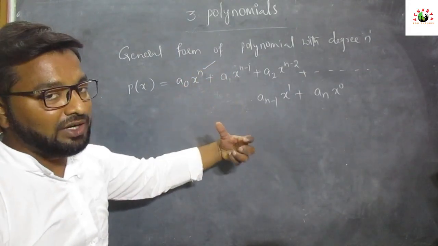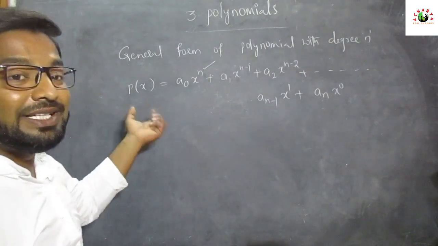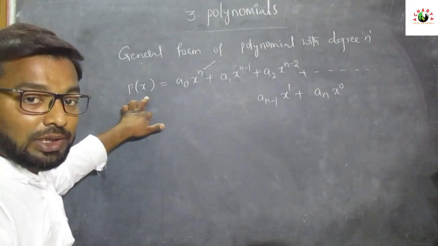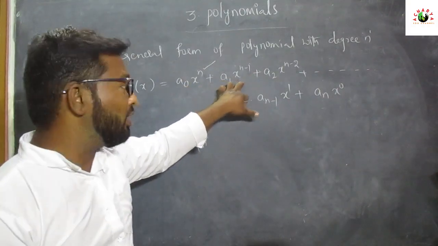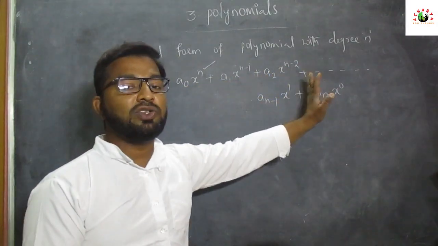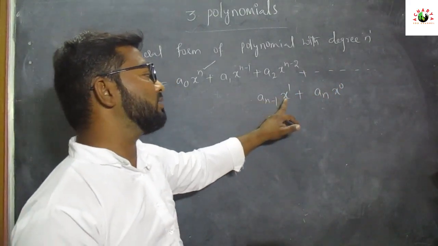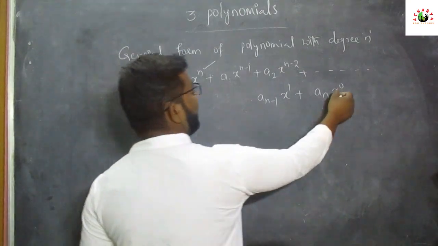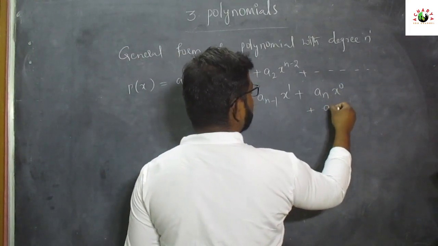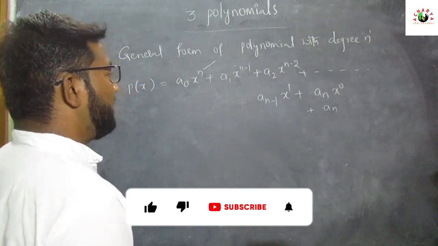So then what is the general form of a polynomial with the degree n? p of x equals a0 x power n plus a1 x power n minus 1 plus a2 x power n minus 2 plus so on, a n minus 1 x power 1 plus a n x power 0. Here x power 0 is 1, so finally this is a n.